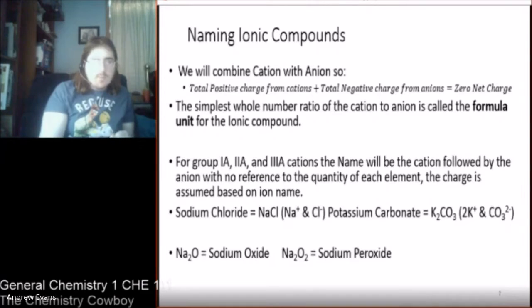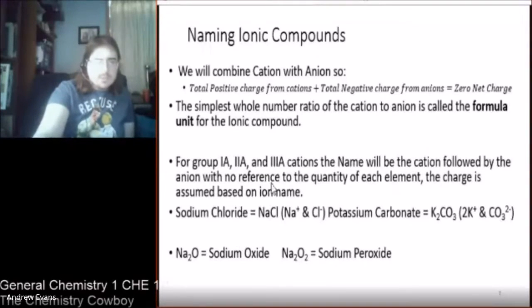They only have one possible charge, so we can combine them together because we always know the charge. But when it comes to the transition metals, like copper and lead and tin and iron, we can often have more than one positive charge, and so we'll have to deal with that separately.